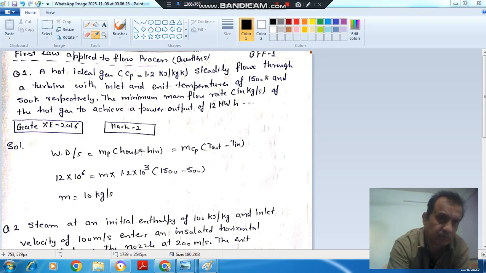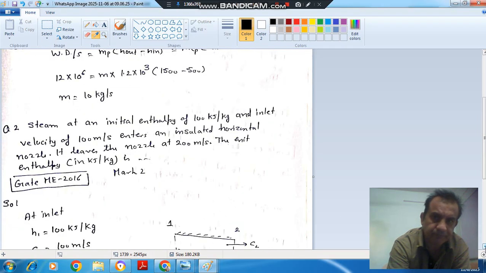So Cp is 1.2 into 10 power 3, T out is 1500, and T in is 500, and work done per second is 12 megawatt or 12 into 10 power 6. Here this 1.2 kilojoule we will convert into joule, and 12 megawatt into joule per second, that is 12 into 10 power 6. So m comes out as 10 kilogram per second. So this is the answer.